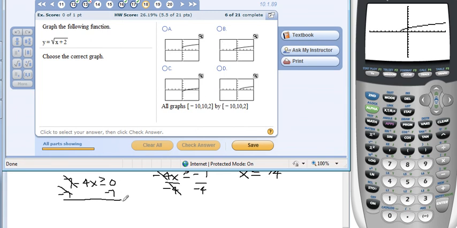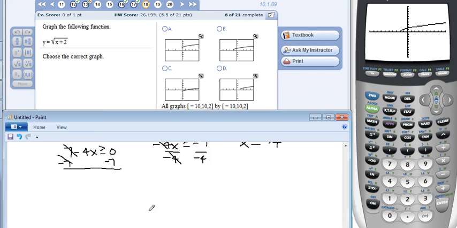Now, if you don't like doing it with a calculator, we can just make a t-chart, right? You're always free to do that. So you can do an x and a y. You're just going to choose random values that are in your domain. What is your domain? Well, x plus 2 has to be bigger or equal to 0, so x has to be bigger or equal to -2.